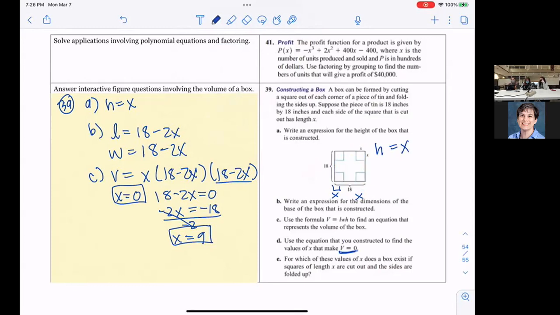On the other hand, if we cut out squares of 9 inches on all 4 of these corners, then there would be nothing left to make a box. So that is why the answer is neither.